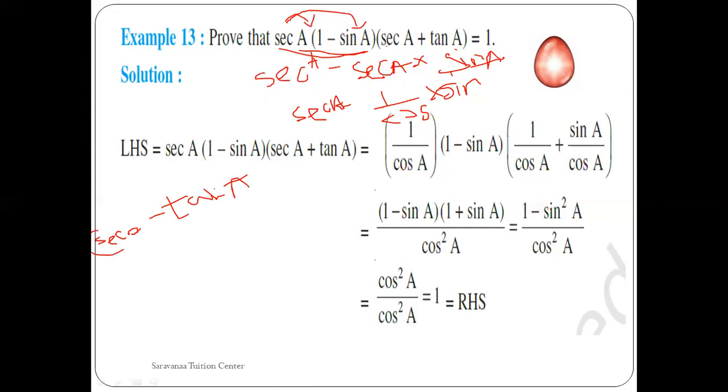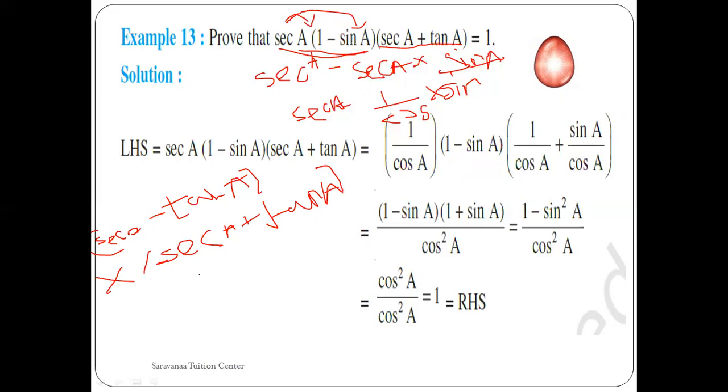Okay, now take this one into secant A plus tan A. So what is A minus B into A plus B? Use that formula, that equals A square minus B square.